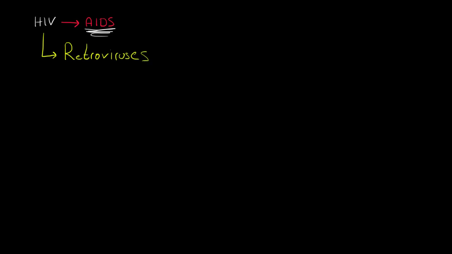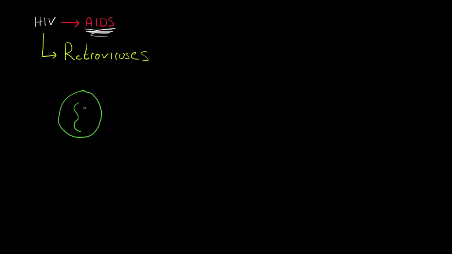Let me take another color and draw the virus. So imagine this is a virus here. Retroviruses usually have RNA, so their genetic material is RNA, not DNA. And when you have RNA, it means that you need to have some enzymes to go with it.